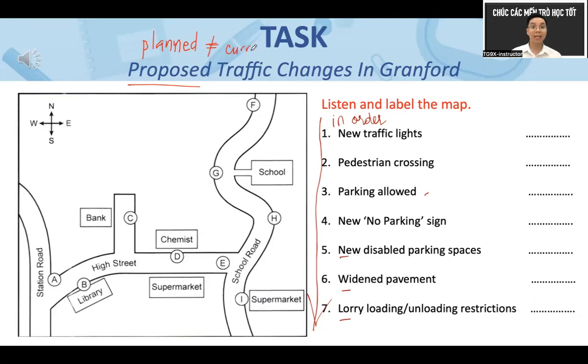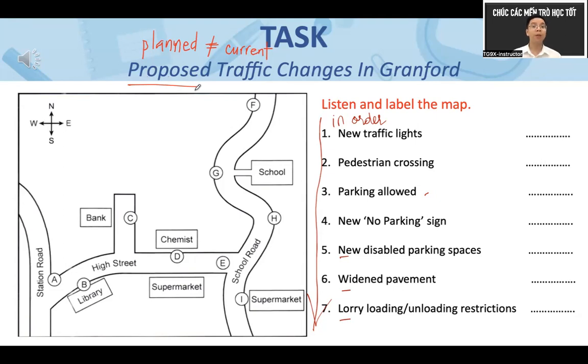Okay, as you can see, a planned something is not yet to come. For example, we're planning to have another set of traffic lights at the end of High Street. So that means they are proposed.